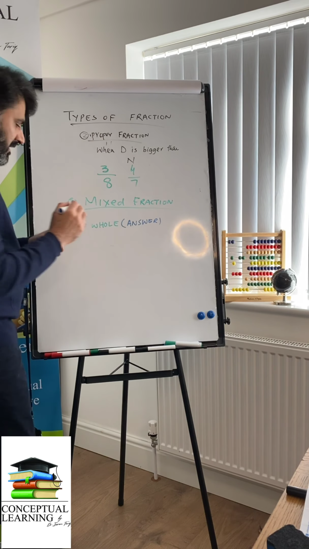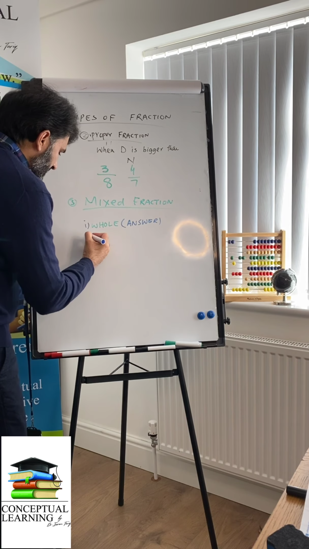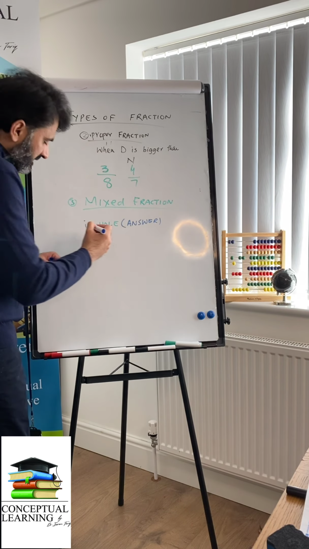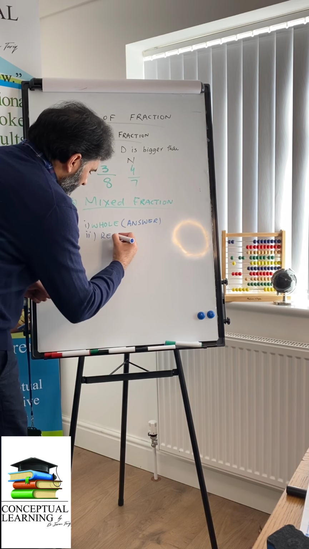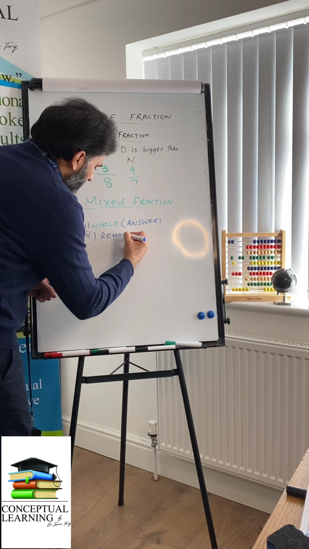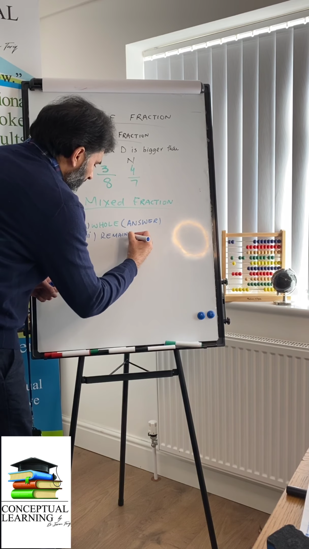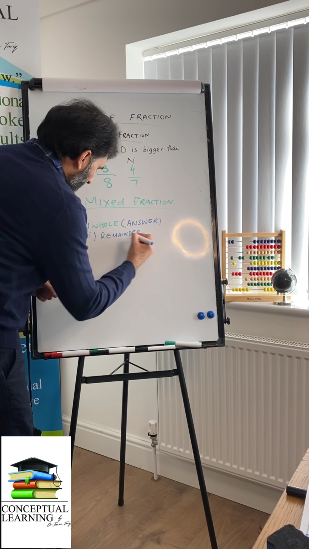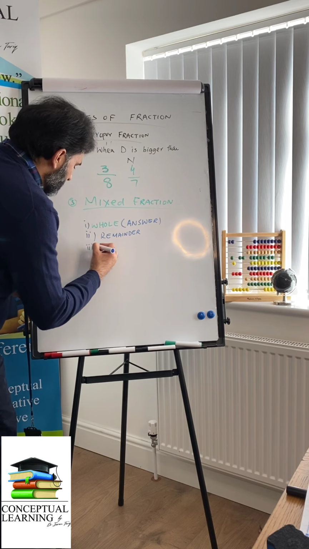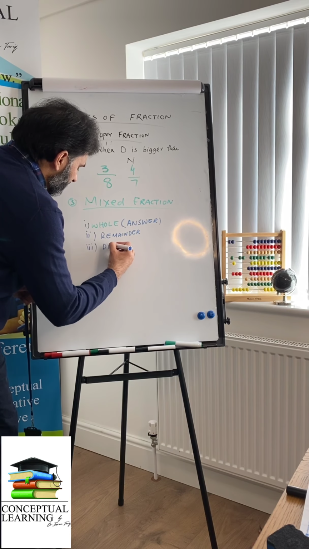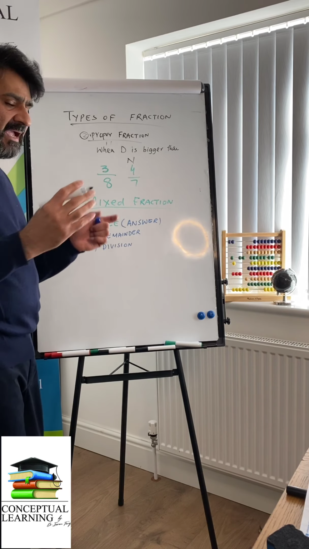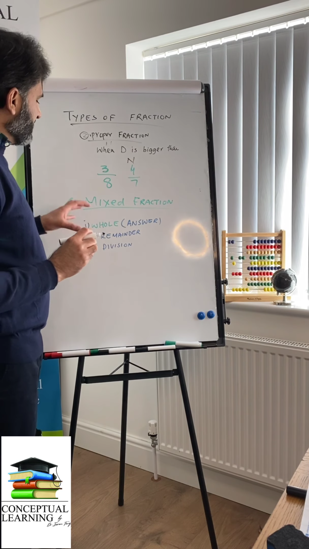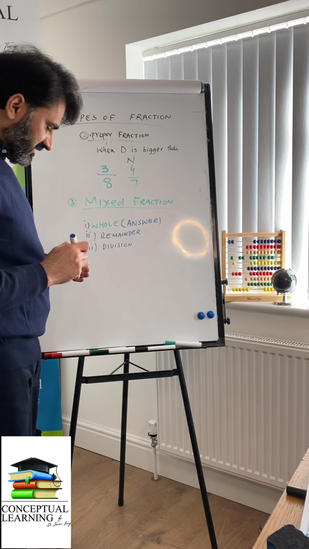Whole is answer, then the second one is remainder, and the third one is division. If you have that kind of thing, then that kind of fraction is called a mixed fraction.